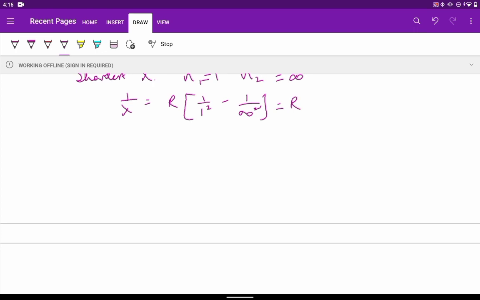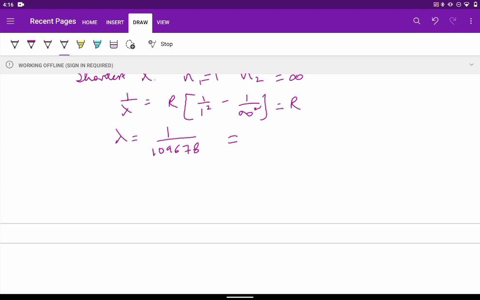So lambda will be equal to reciprocal of R, that will be 1 by 109678. So on calculation, how much we get.